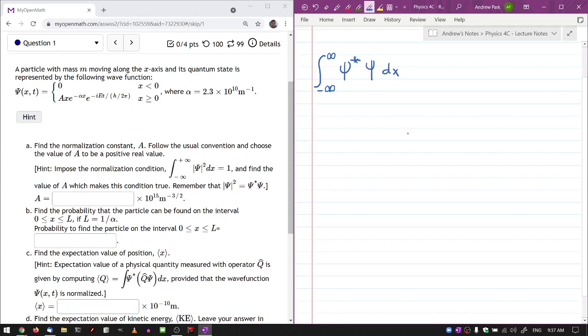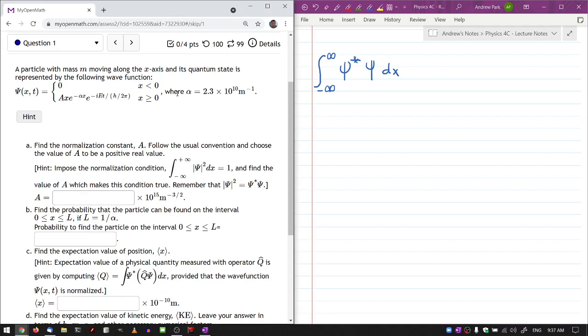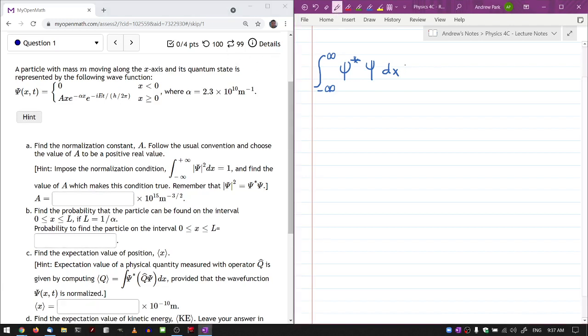And I'm going to apply a little bit of simplification because for negative values of x, psi is 0. So my function is piecewise defined. I can imagine splitting my integral from negative infinity to 0 and then 0 to infinity.